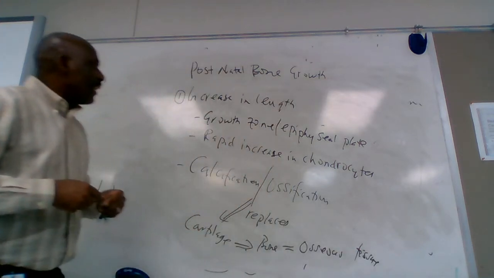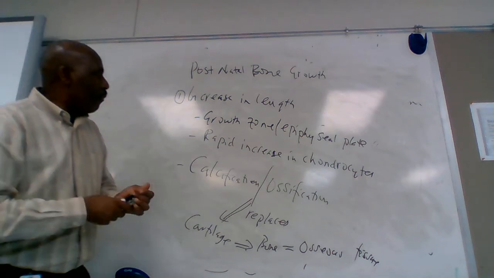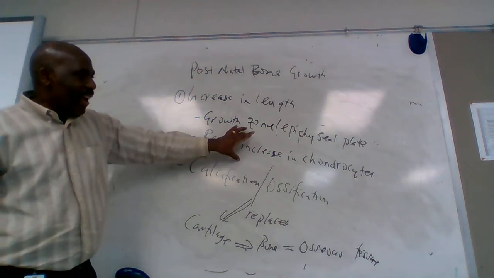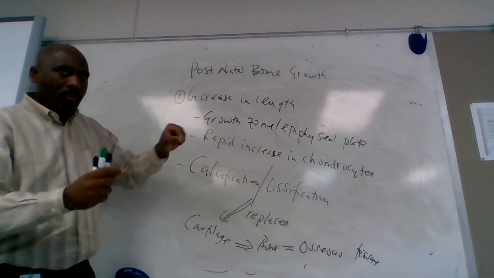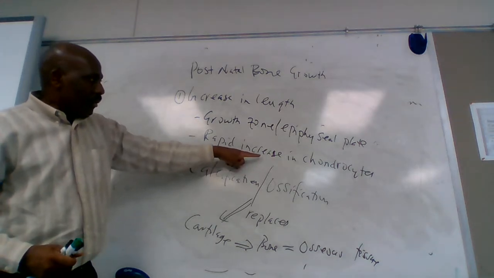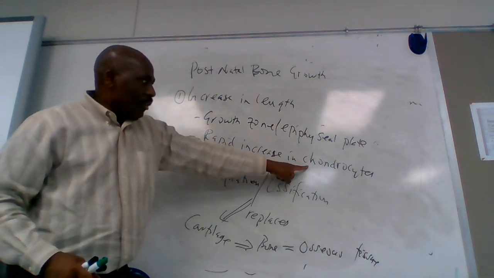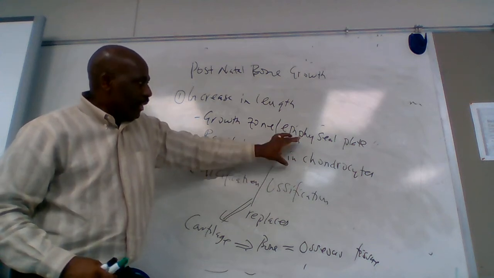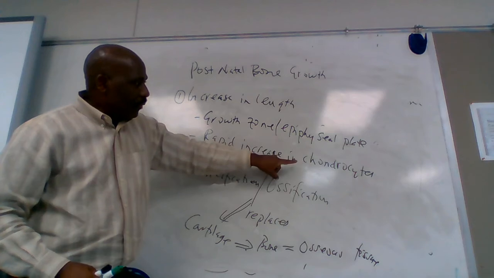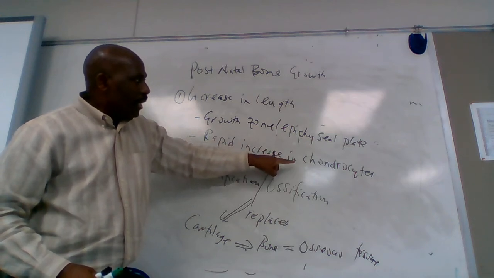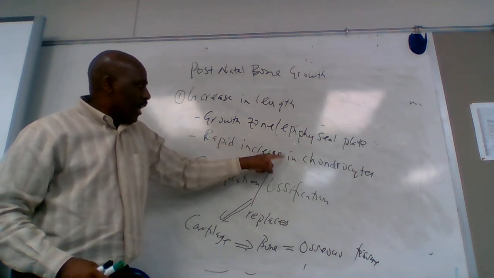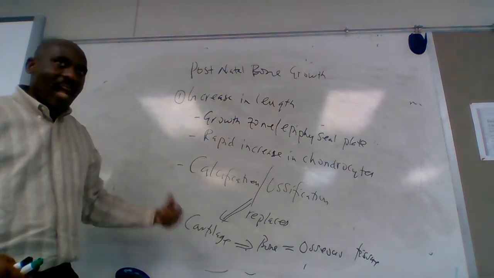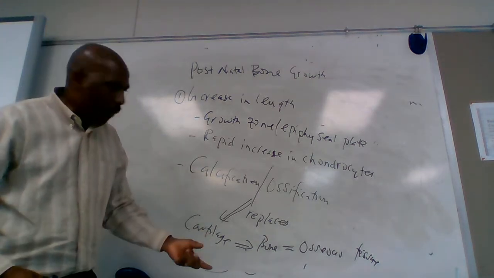At the end of long bones, we have cartilage. And as you remember, the cells chondrocytes are associated with cartilage, not with bone. This is where bone growth occurs. But eventually, this cartilage will have to be replaced by bone proper.